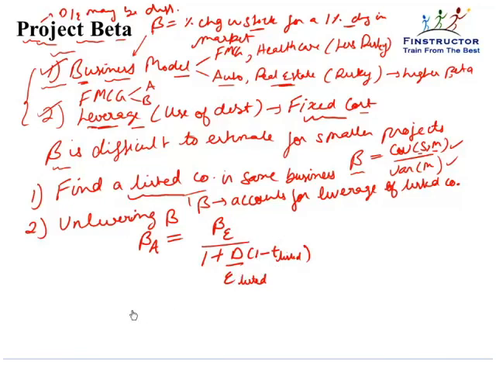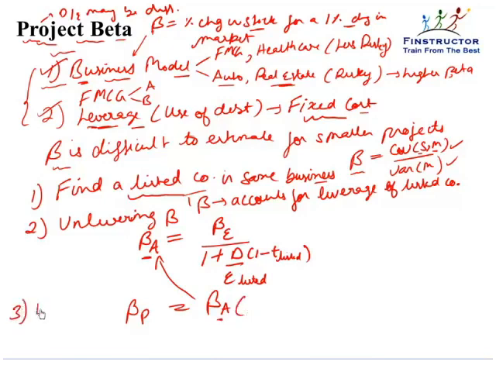And then to compute the beta of the project, I would use this asset beta calculated in the first step and relever it, or lever it again, but now to my debt equity ratio, the debt equity ratio that I am working the project with, because the business risk is the same for both the listed company as well as my company, because we're in the same business. So I've got the business risk here, and now I will relever it.